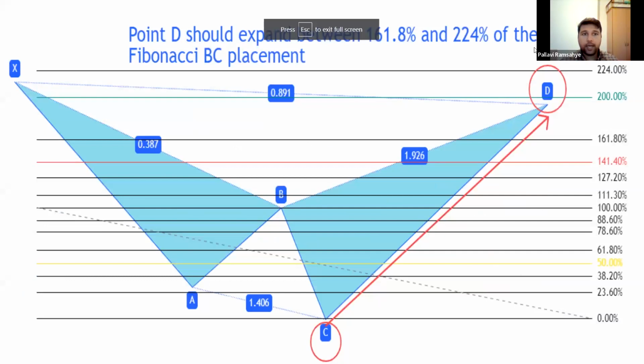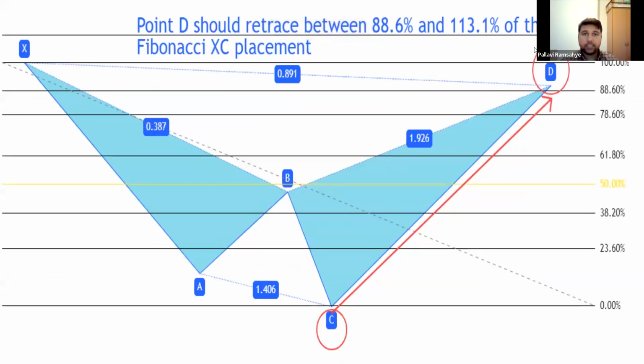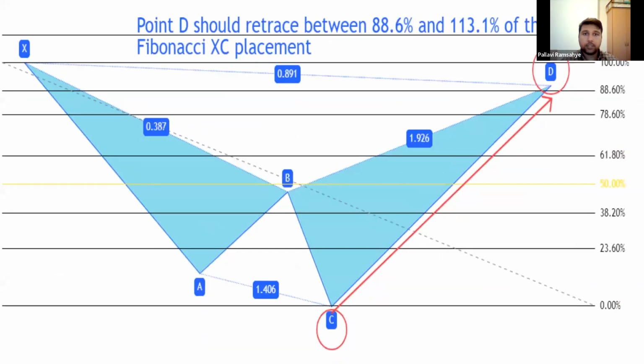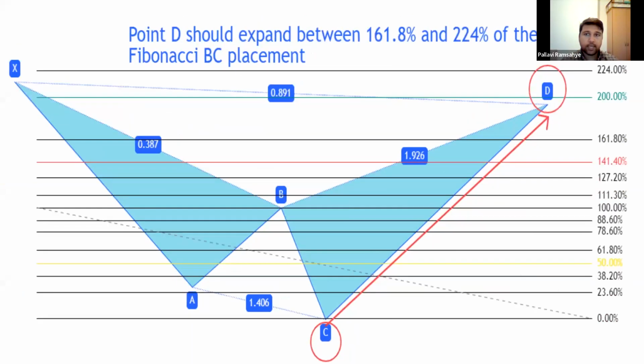So there's two parts to point D. This is the first part, okay? So you're looking for the expansion. So the retracement, and now you're looking for an expansion, okay? So what we're doing is we're placing the expansion tool from B to C and then back to B again.